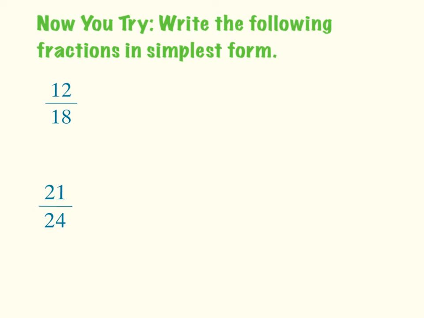Then I go up to 5. Neither of them are divisible by 5. So then I'm going to try 6. 12 is divisible by 6, and so is 18. So I'm going to try dividing these by 6/6. 12 divided by 6 gives me 2, and 18 divided by 6 gives me 3, which is 2/3.